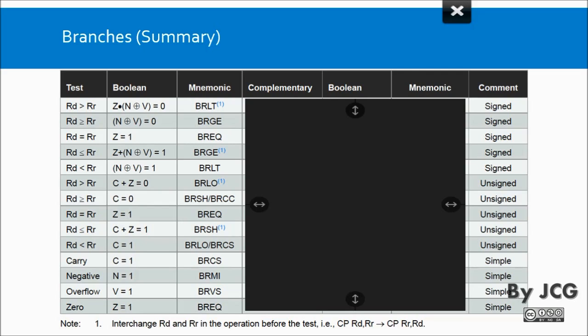For instance, on the second row, it says if register D is greater or equal than register R, then you should use branch if greater. However, first you have to look at the last column, which is the comment column. It says that the first 5 tests are for signed numbers. The next 5 tests are for unsigned numbers, and the final 4 tests are simple comparisons.